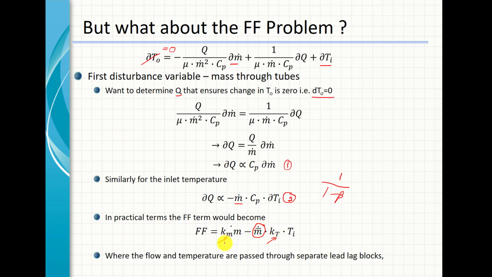The second thing that needs to be considered is that both of these have different feedforward dynamics in terms of lead lag, so they must be passed through separate lead lag blocks. All feedforwards should pass through a lead lag block. The lead lag block looks something like that, and this offset here is your lead and your lag.